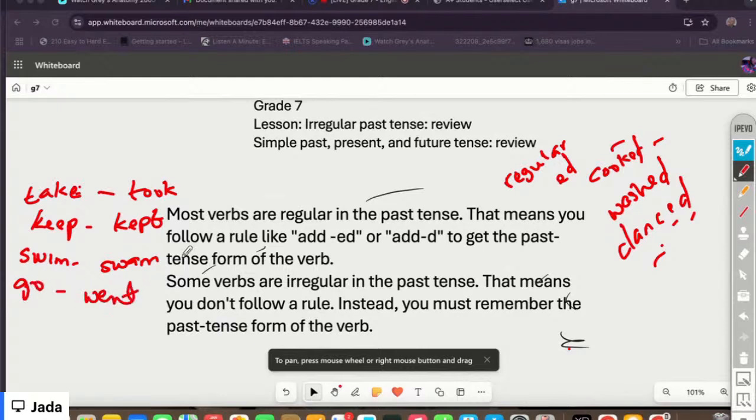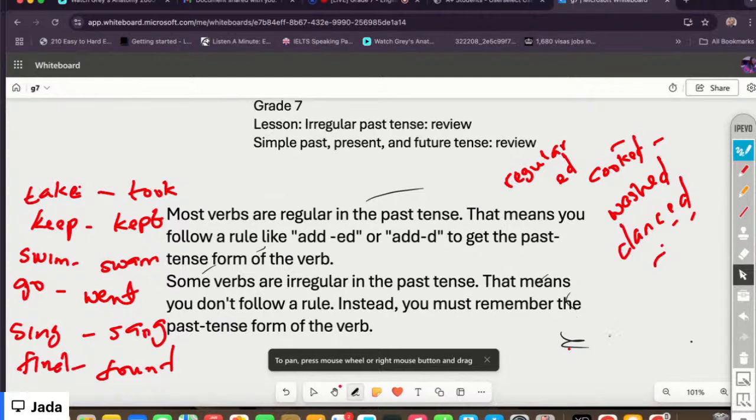All these are irregular past tense. Sing, sang, like that. It's like saying find, found. So all these are irregular past. They do not end with ed, and you have to be the one to remember the irregular past tense of it. And then the normal ones that end with ed, you have wash, cleaned, and the rest of them. Okay, so let's move on.